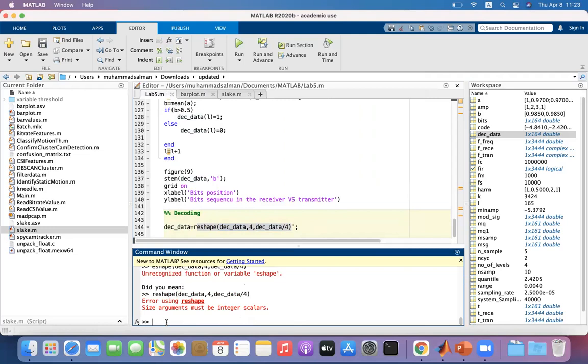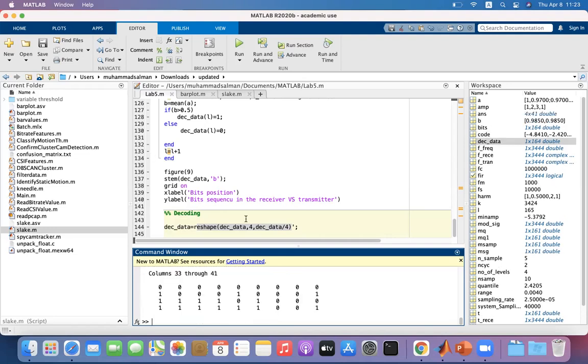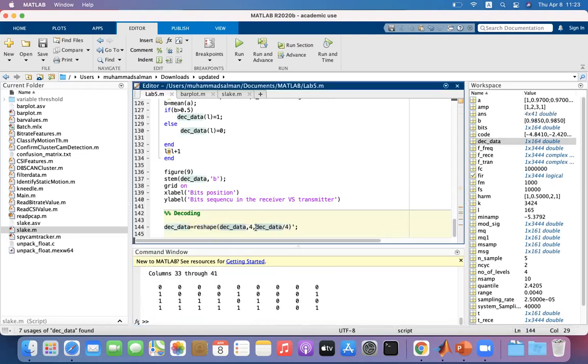I think it should be the length. Yeah, I got it. If I do it with LENGTH, because we need the length of it, not the entire thing. Okay, so I got the problem. Length of this decimal data, and now I hope it should work.